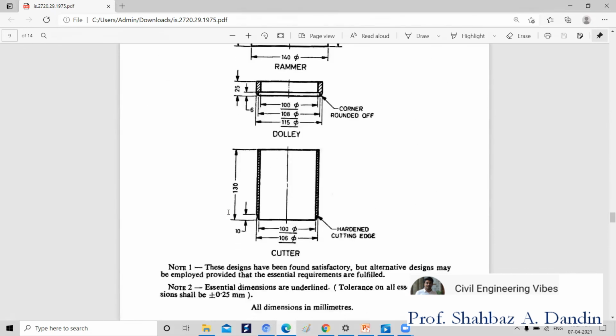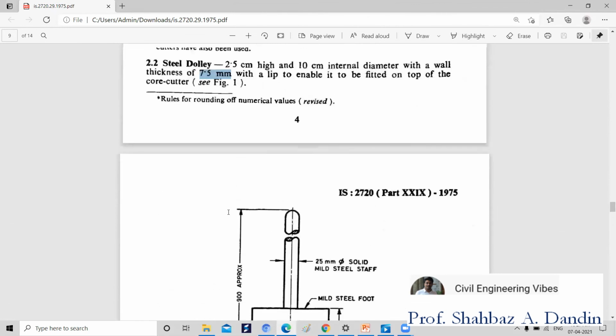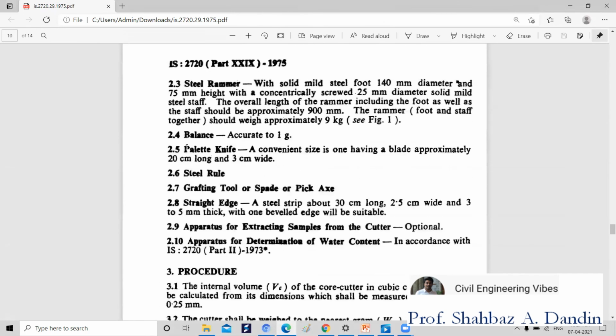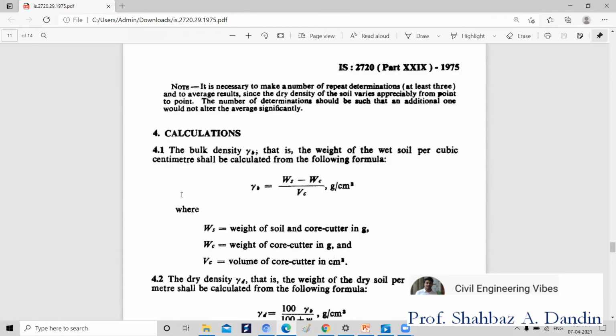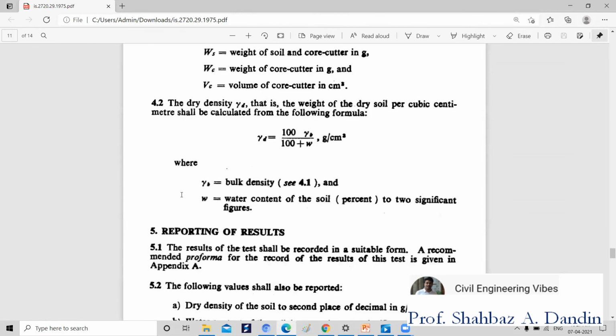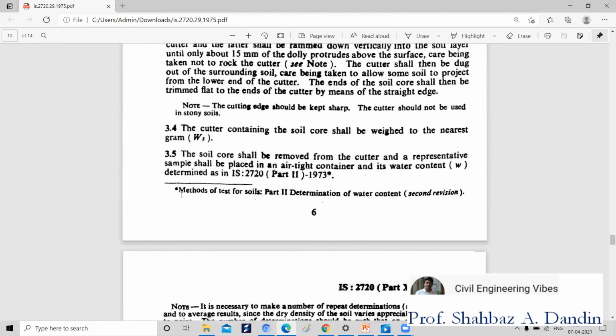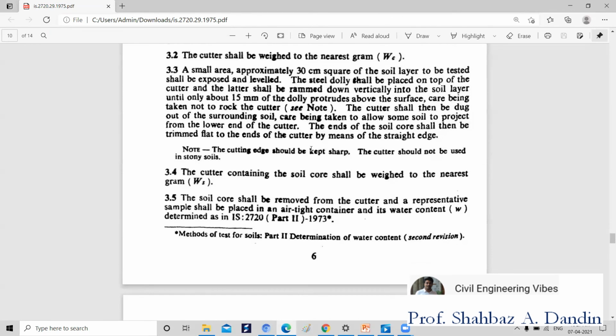Now coming to another question. Always note down, always go with the observation that the cutting edge should always be kept sharp.